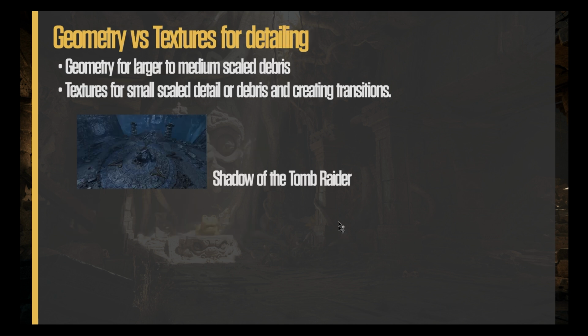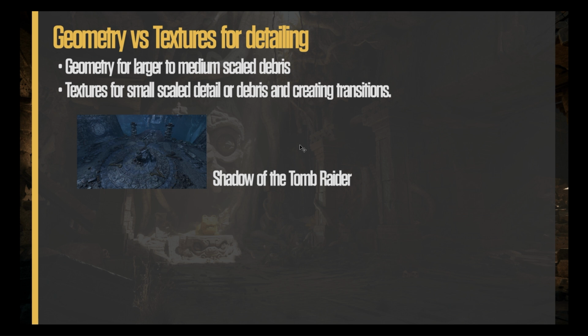The next is a big question that was brought up, the question of geometry versus textures for detailing. As we are going to see later on, geometry works a lot better for large to medium scale debris pieces and large detailed pieces, but textures also come in where you need a small scale detail. Let's say it's tiny river stones and such.